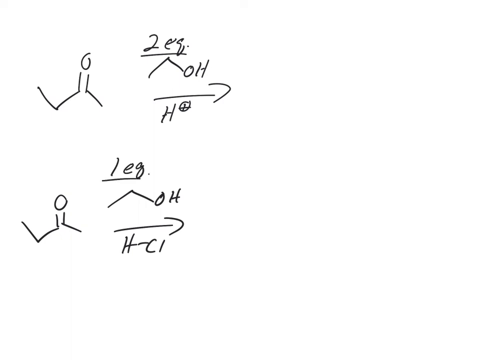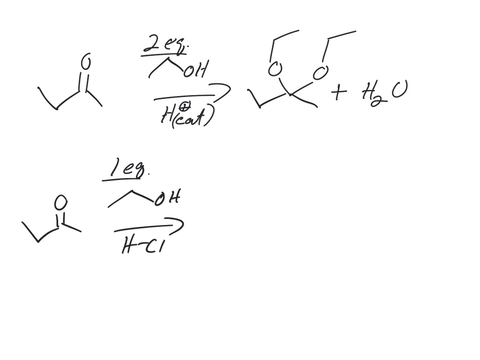So what you're doing is taking a ketone and turning it into an acetal or a hemi-acetal based on the number of equivalents of alcohol you have. We've gone through this mechanism, but if you see two equivalents, you know you're going to make water, you're going to lose this, and you're going to add two of these there. So again, not to belabor the mechanism, water, and then this is, of course, a catalyst.